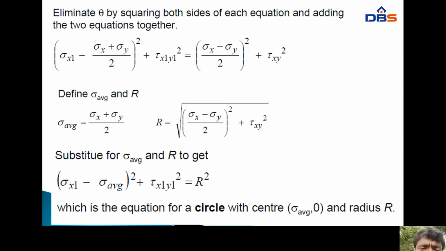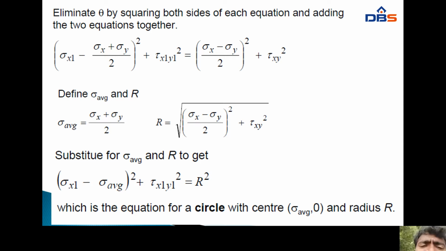Define sigma average and R. Sigma average is sigma x plus sigma y by 2, the horizontal axis value plus the vertical axis value divided by 2. And R is the radius in this figure: R equals the root of sigma x minus sigma y by 2 whole square plus tau xy square.